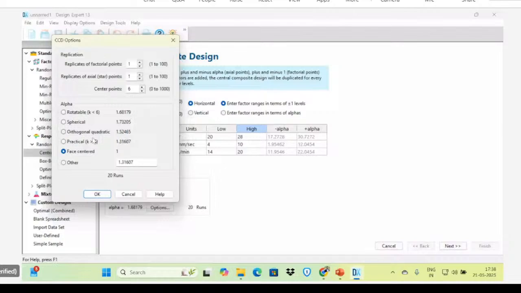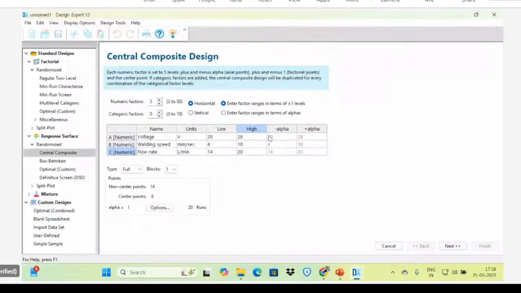For example, 23.5 it can go, 26.5 it can go. So to keep the central value, you have to keep it as face center design, and you can press OK. So now you can see the minus alpha and plus alpha is this one. Okay. Then you have to go for next.